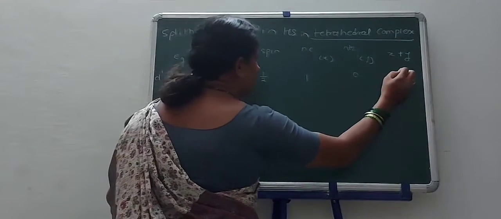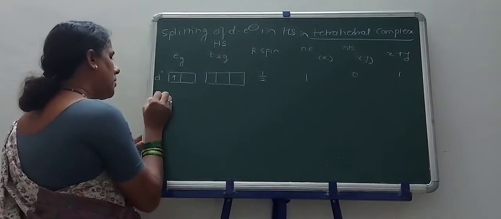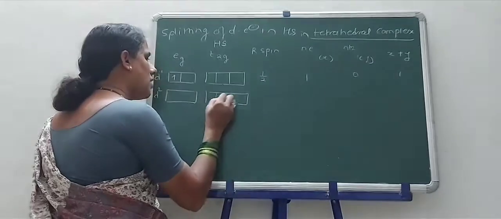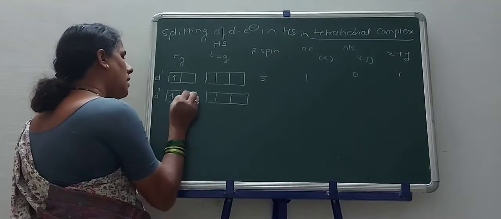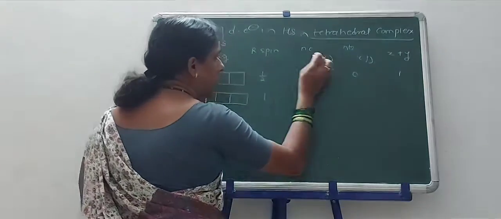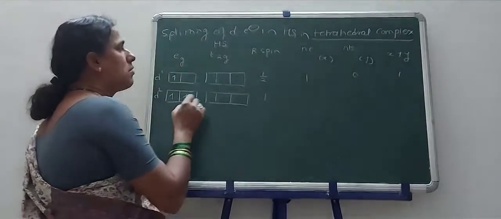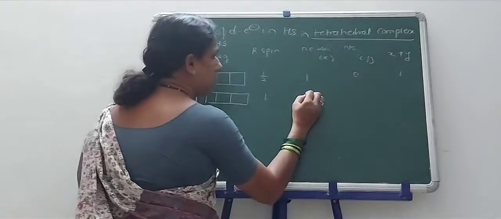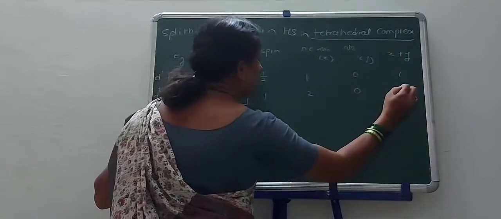For d2, 1, 2, the resultant spin is equal to 1. Then electrons in E orbitals is equal to 2 electrons, and in T2 equal to 0, so that is 2.